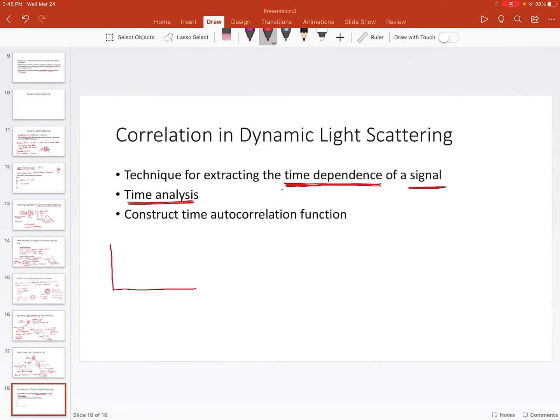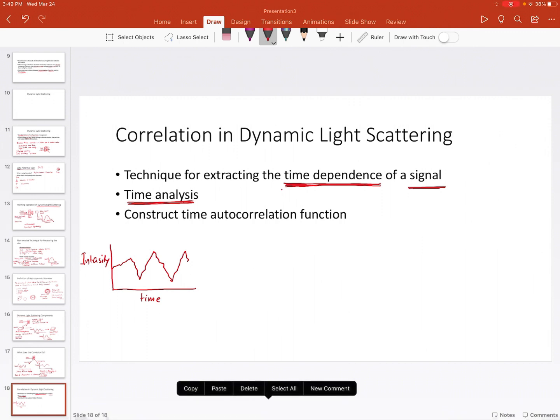So let's say we have particles suspended in a sample, and we are measuring the size of these particles with dynamic light scattering. The particles are moving, so the intensity is fluctuating over time. We have a diagram of this similar to this. So we are detecting this intensity fluctuation in different time intervals.